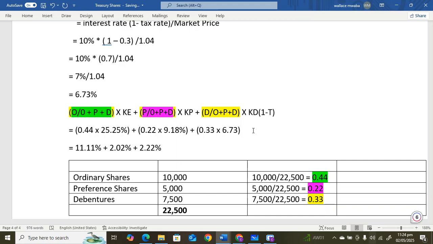When we add all of them, 11.11 plus 2.02 plus 2.22.